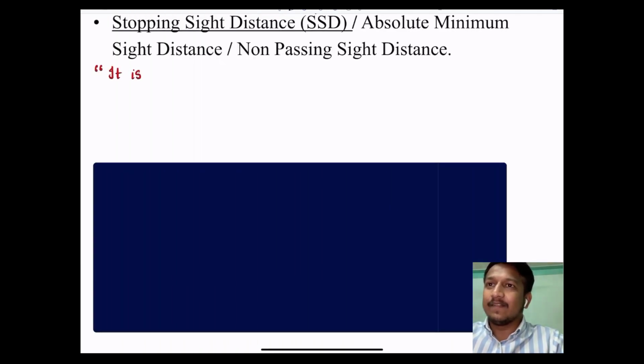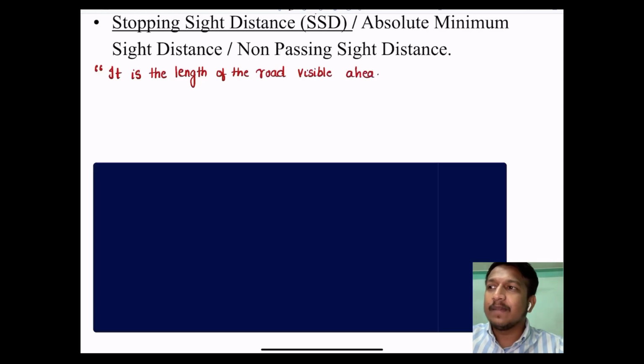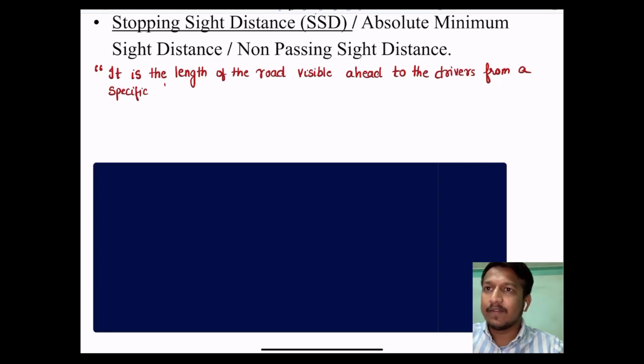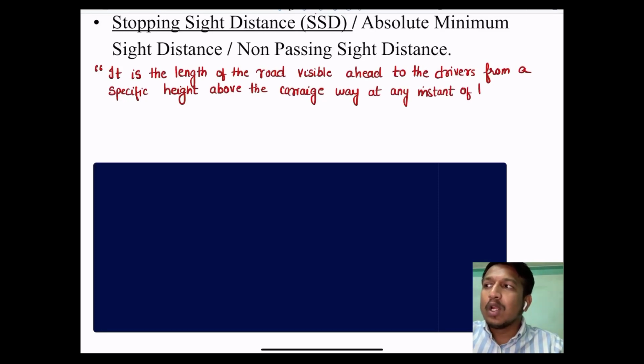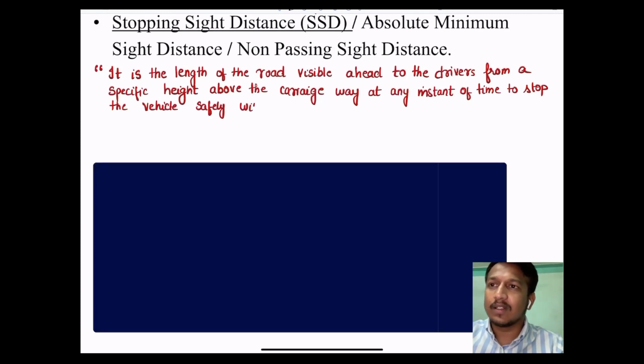Stopping sight distance, SSD. We'll see the definition. It is the length of the road visible ahead to the driver's eye from a specific height above the carriageway at any instant of time, to stop the vehicle safely before collision or without collision.